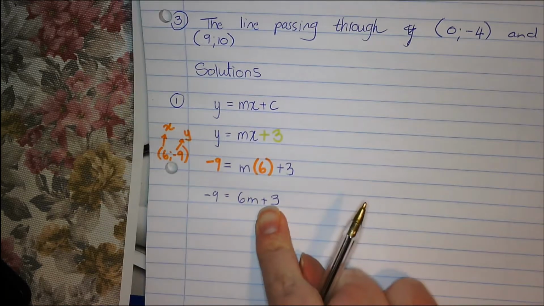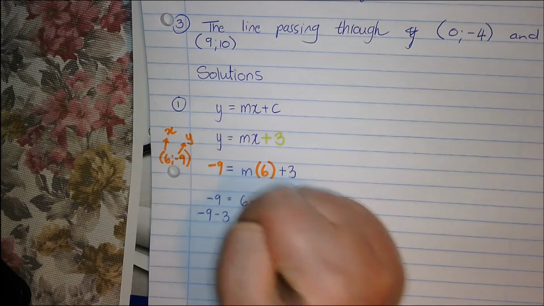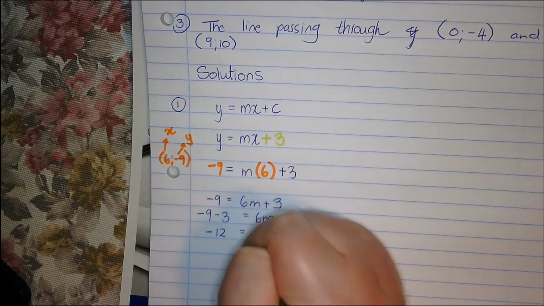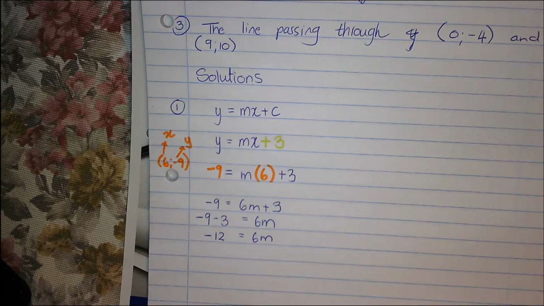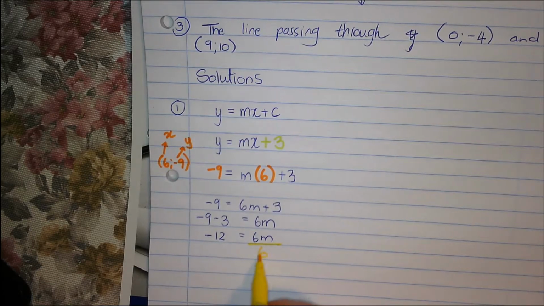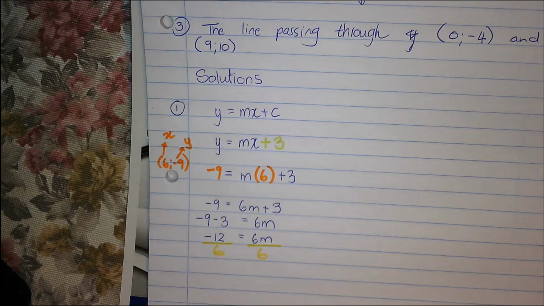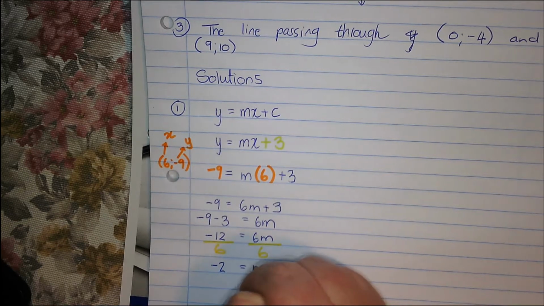So what I'm going to do is take the 3 over, and it's going to become negative, equal to 6m. Now that gives me negative 12 equal to 6m. And to get rid of the 6, because remember our goal is to solve for m, I'm going to divide by 6 on both sides. So now I have negative 2 on this side equal to m.